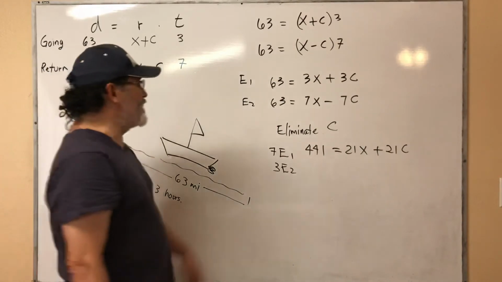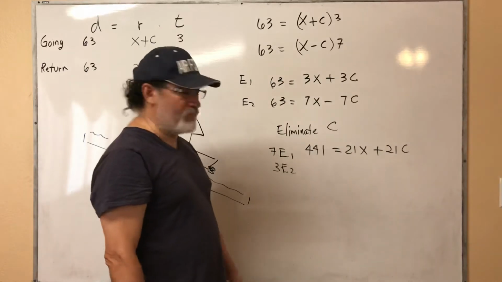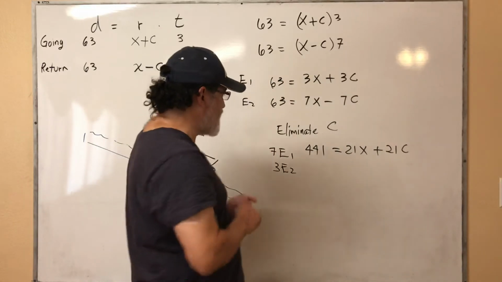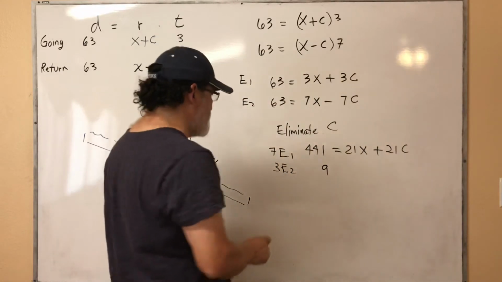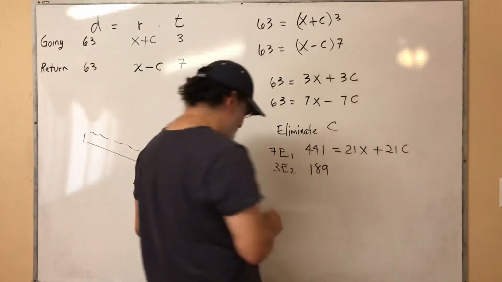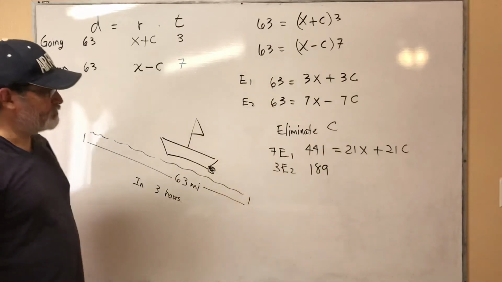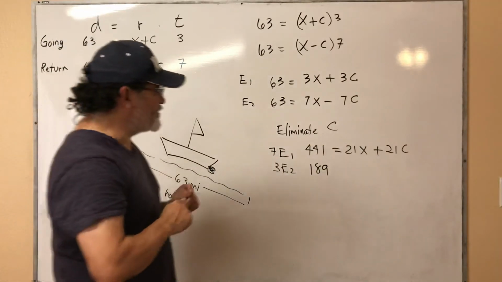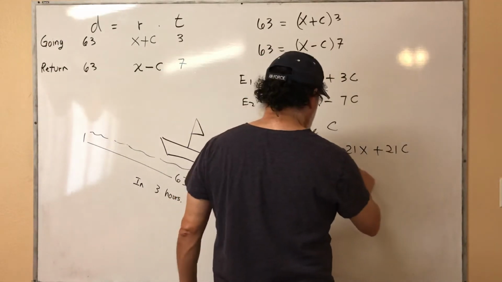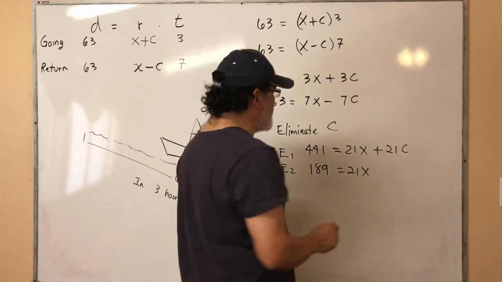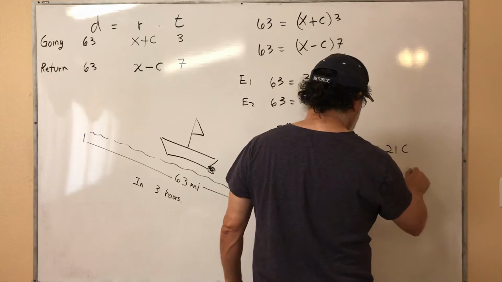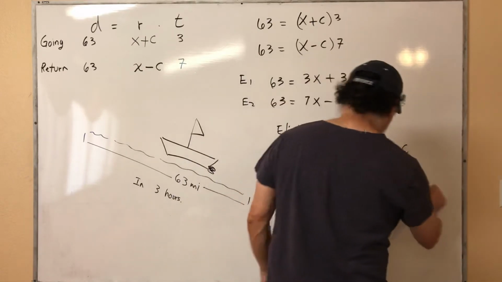Now I'm going to multiply this by 3. 3 times 63: 3 times 3 is 9, and 3 times 6 is 18, so 189. And 3 times 7x is 21x. And 3 times negative 7c is negative 21c. Add them up.